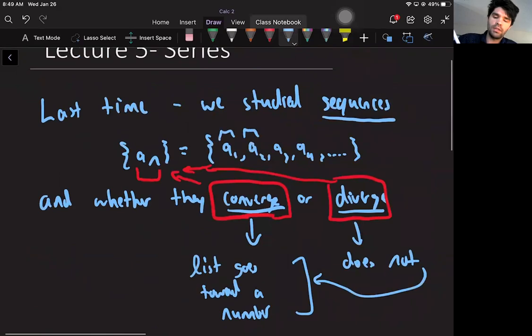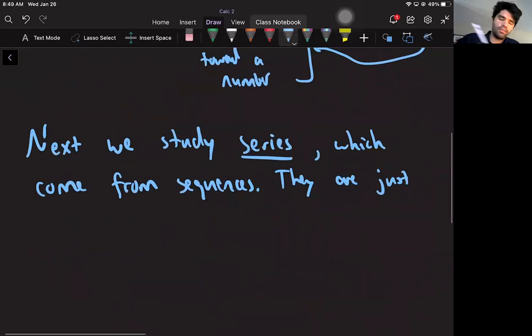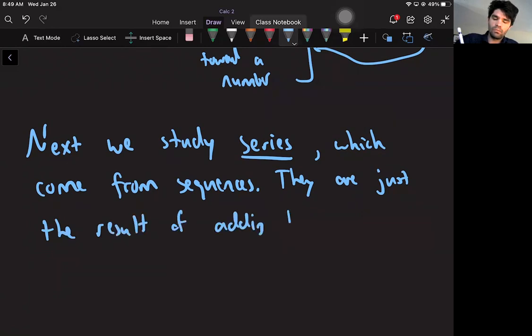So here you're just listing them out, and that's a sequence. A series comes from adding them up. Okay, so they are the result of adding the terms of a sequence.